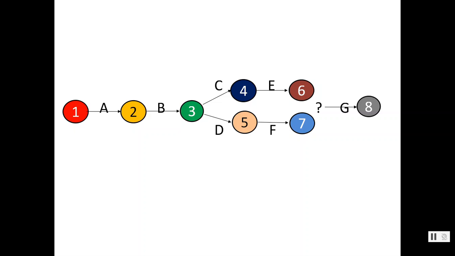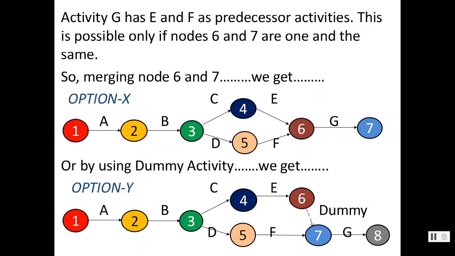So next slide we will discuss what did happen. Activity G has E and F as immediate predecessors. Means G is the common successor of E and F. So it has two possibilities, either by merging or without merging it. Option X. In option X, what do we do?